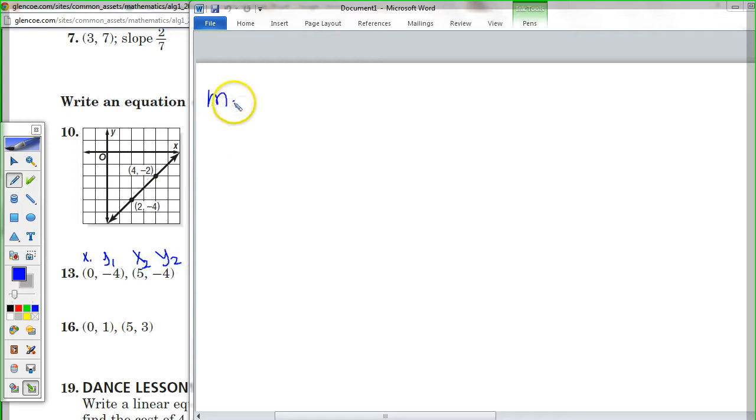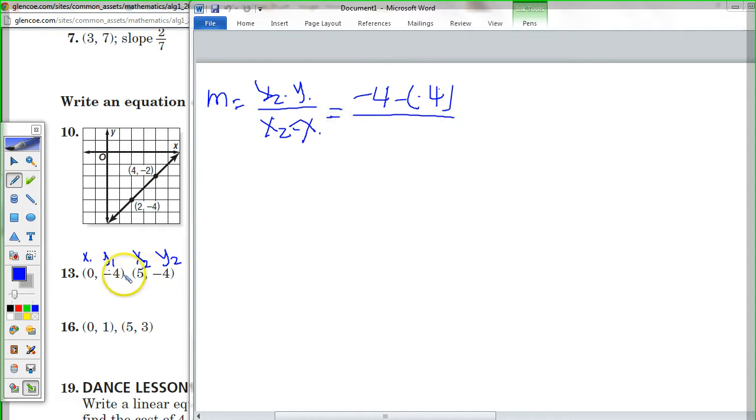So my slope is going to be y2 minus y1 over x2 minus x1. So y2 minus y1, negative 4 minus negative 4, over x2 minus x1, 5 minus 0.